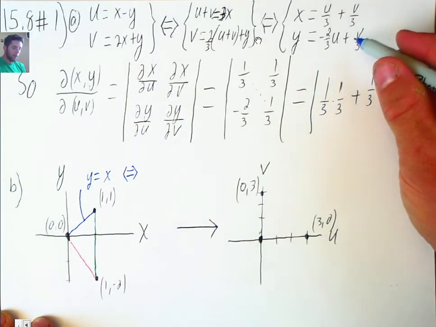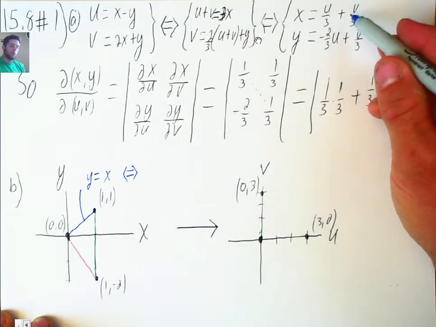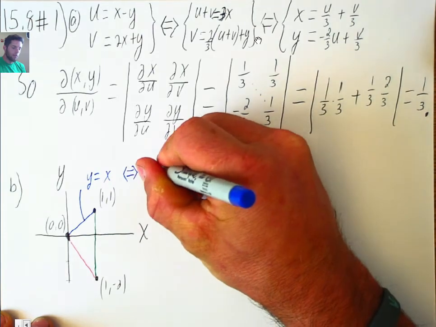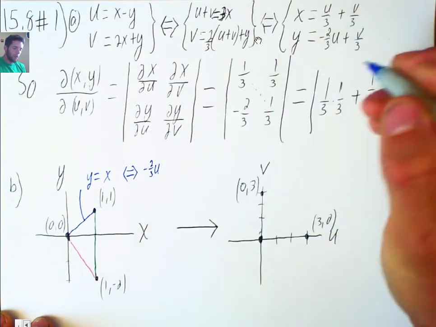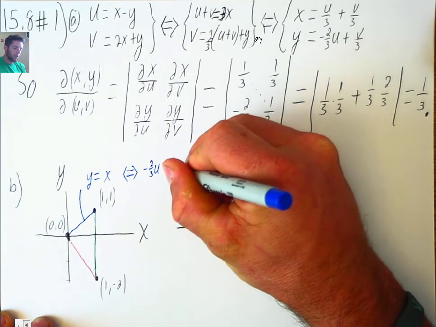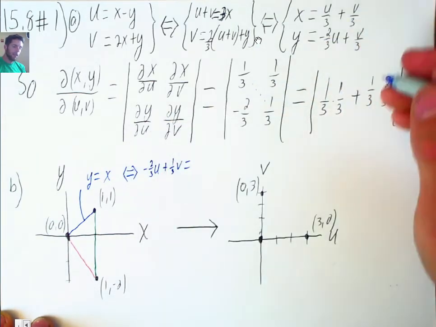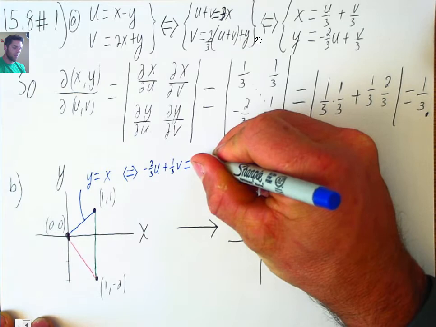So y is equal to x, as an equation involving u and v, is negative 2/3 u plus 1/3 v, that's y, is equal to x on the other side, which is 1/3 u plus v.